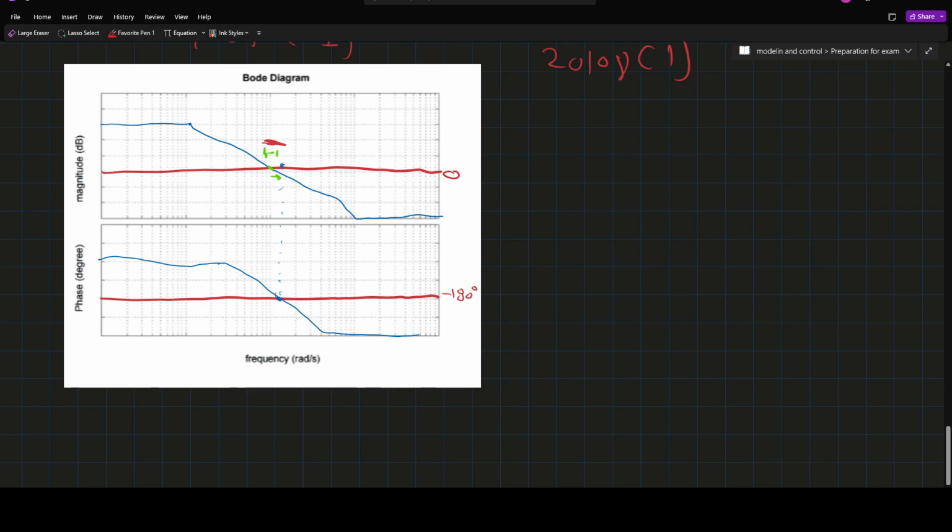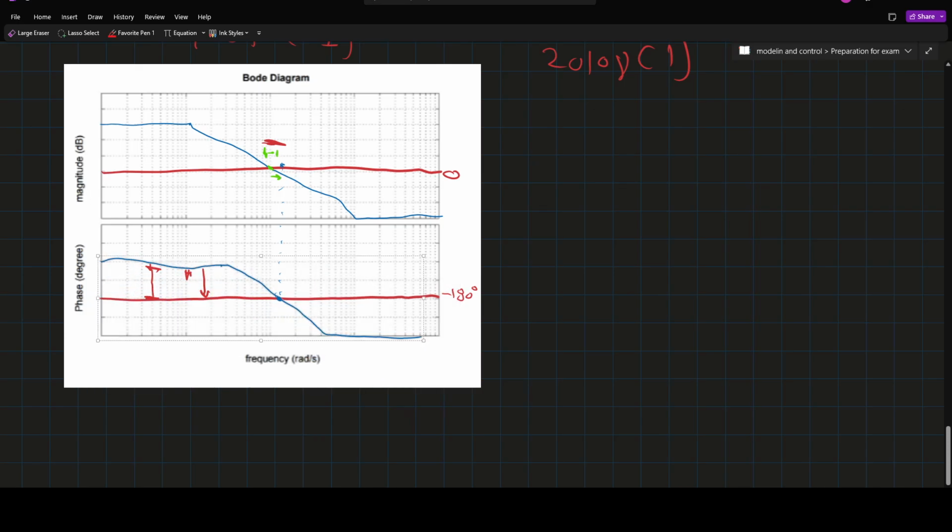And similarly, down here, we don't want our graph to cross this minus 180 degrees. So this value that goes from the graph to this is going to be our phase margin. So if we add a delay that decreases the phase until here, we are going to get an unstable system.